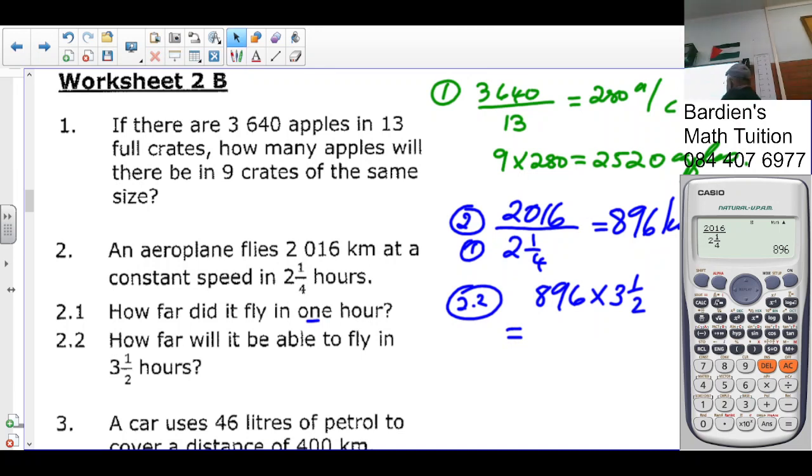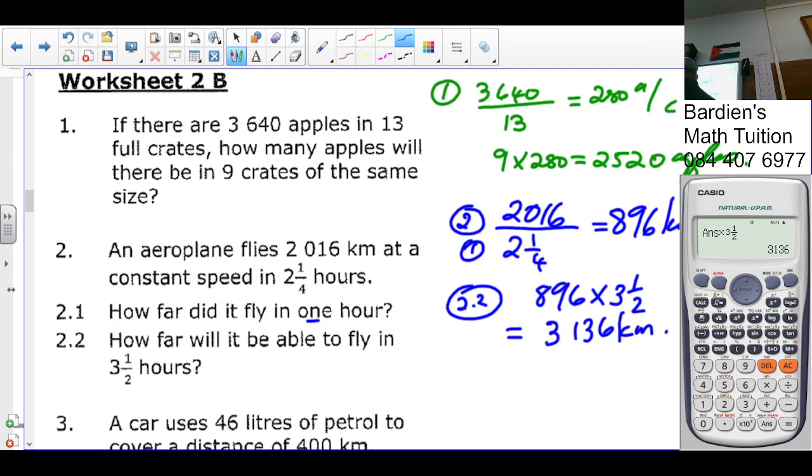So we say 896, which is the last answer calculated on the calculator, answer multiplied by 3.5. Okay? That gives us 3,136 kilometers. Okay.